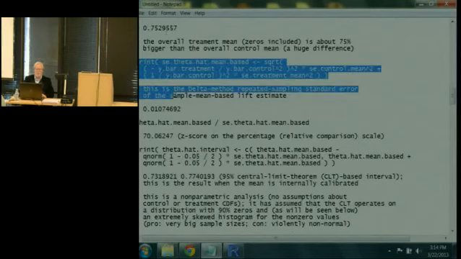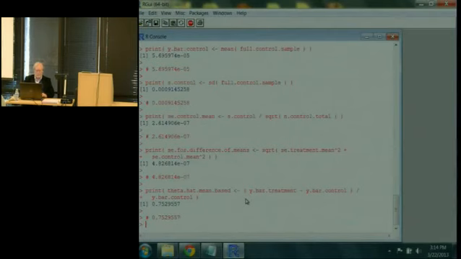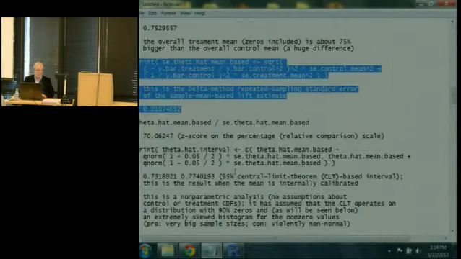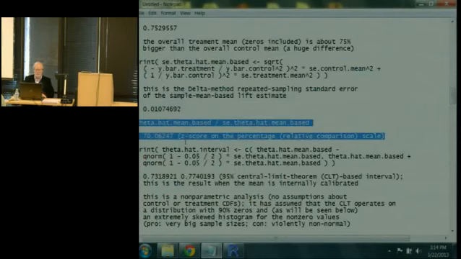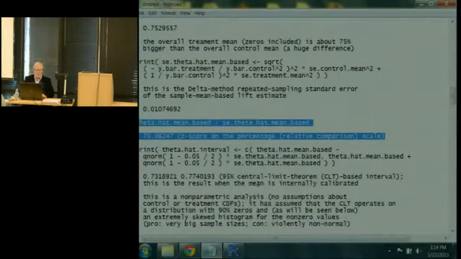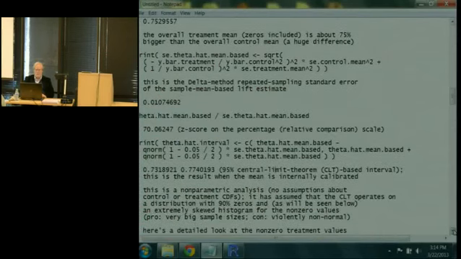And so the standard error calculation comes out only about 1 percentage point, whereas the estimated effect is 75 percentage points. So we have a pretty strong signal-to-noise ratio in the data. The z-score on the percentage or relative comparison scale, the signal is about 70 times bigger than the noise.